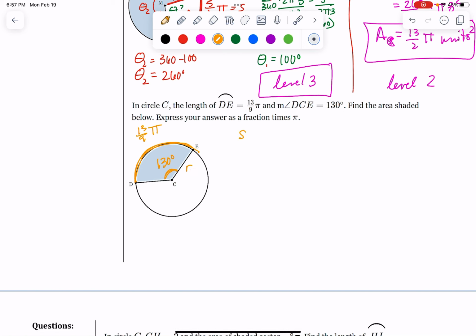So S of my little piece equals theta over 360 times 2 pi r. 13 over 9 pi equals 130 over 360 times 2 pi r. We're going to divide.